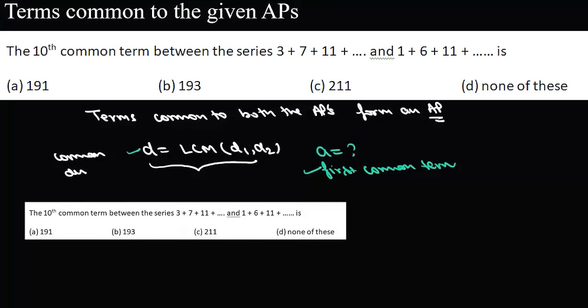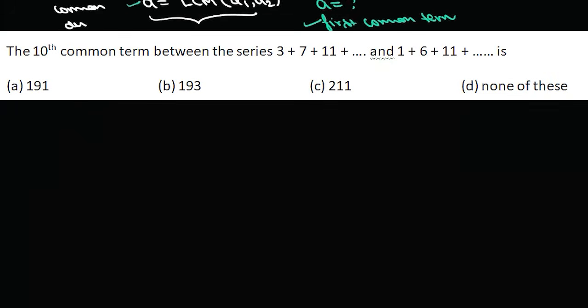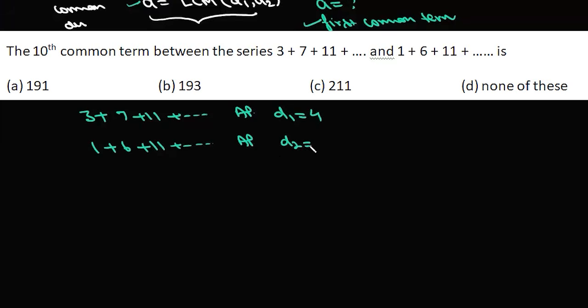Now here the question is the 10th common term between the two series. So we are given two series. First series is 3 plus 7 plus 11. It is an AP, and in this AP, common difference is 4. And then we have this second AP, which is 1, 6, 11. So it is also an AP, and its common difference is given by 5.